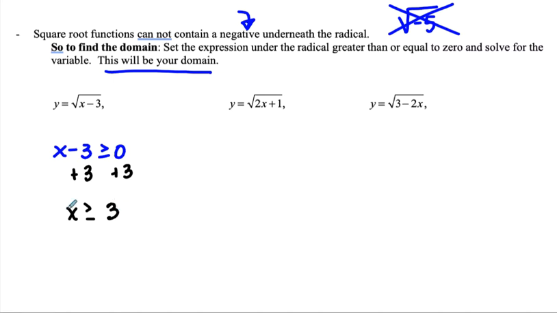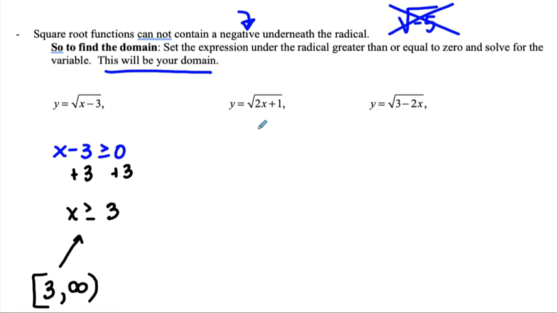My domain is all x's greater than or equal to 3. Again, that interval notation I'm going to do a full lesson on would look like a bracket with the number 3 and then a comma, infinity, with a parenthesis. I want you to think about that because I'm going to be asking some questions when we start working on interval notation about how that relates to this.